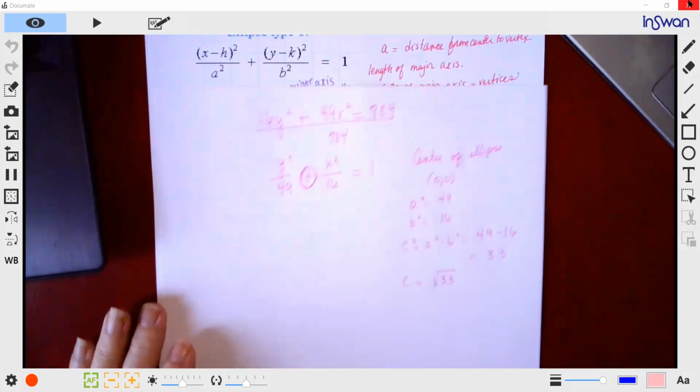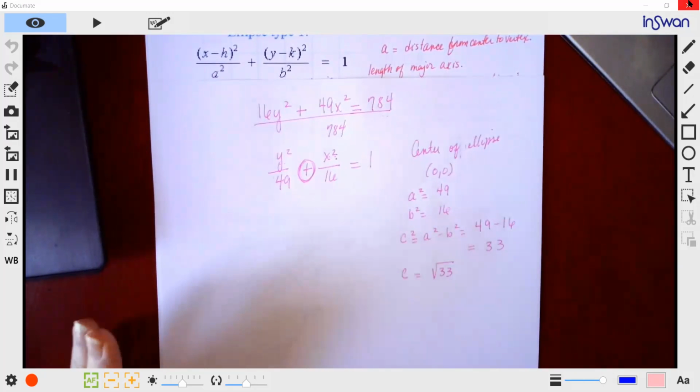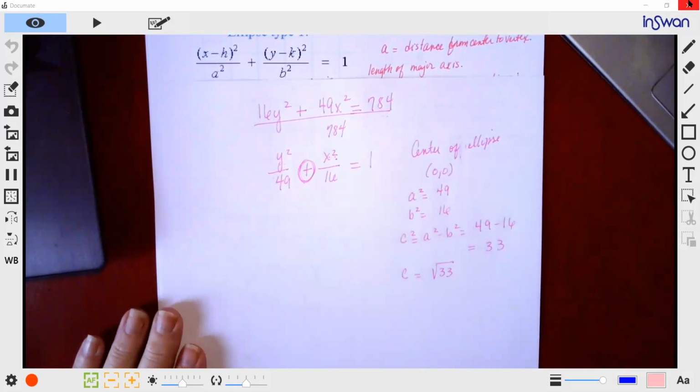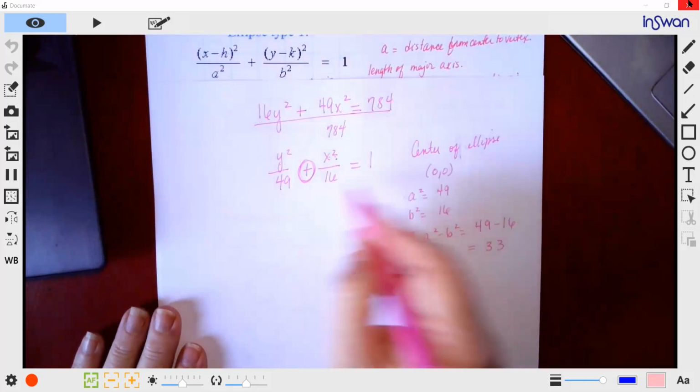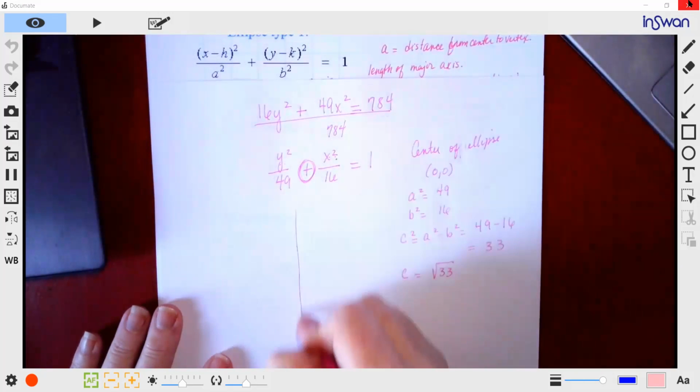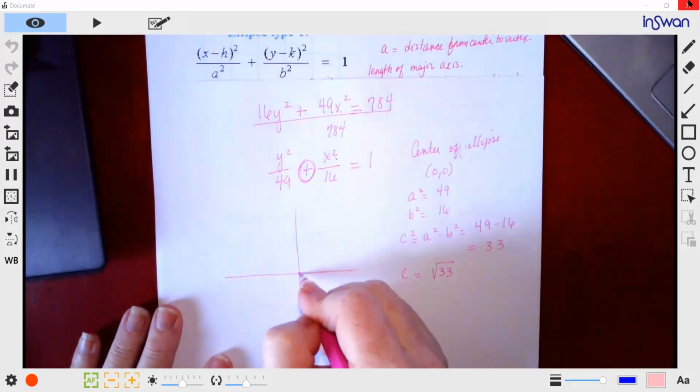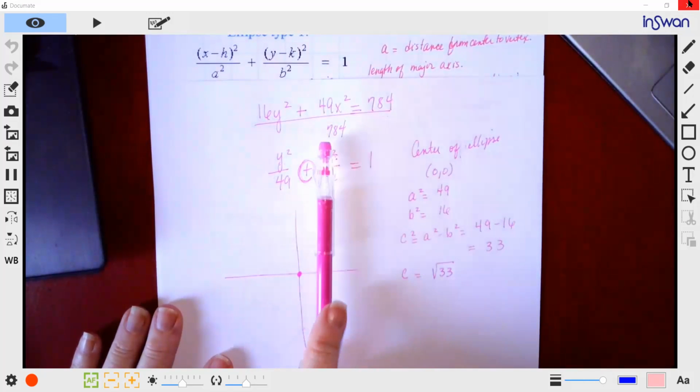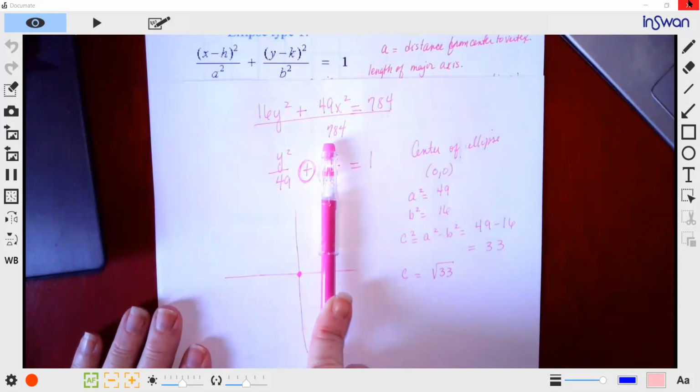Now, here's what I typically do when I'm trying to draw these. Okay, my center in this case is at 0, 0. If I let x equal 0, in other words, just cover up that term, what would be my two possible y values?